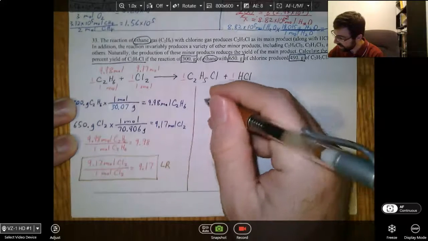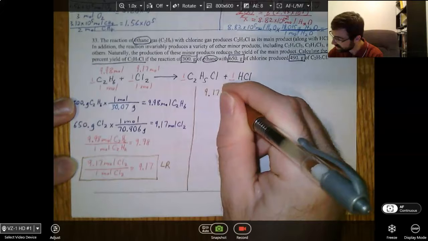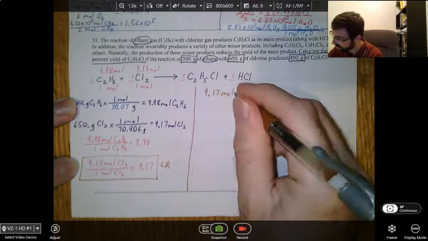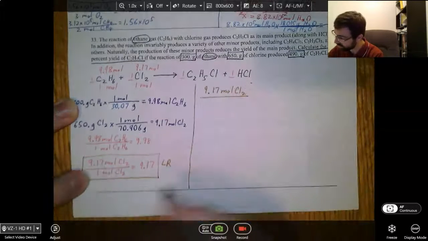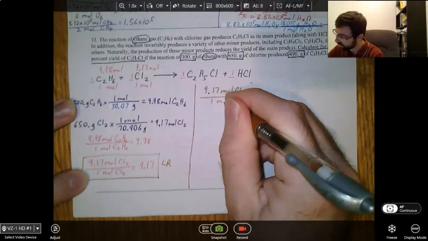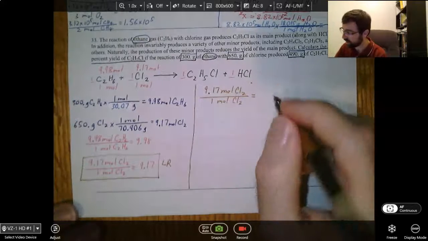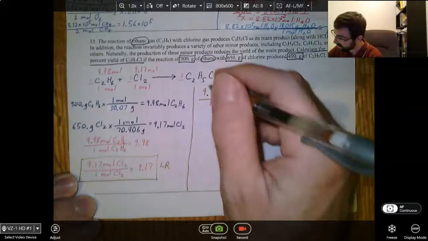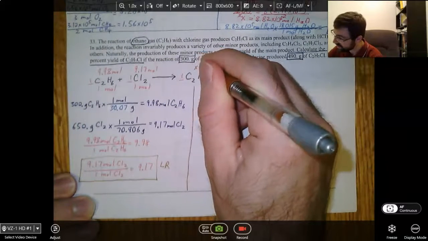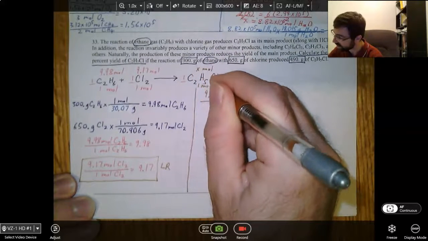So I have 9.17 moles of Cl2 over 1 mole of Cl2 equals, and then my unknown that I'm looking for is C2H5Cl, so it's going to be X moles, and then on the bottom we would say 1 mole because our coefficient is 1.